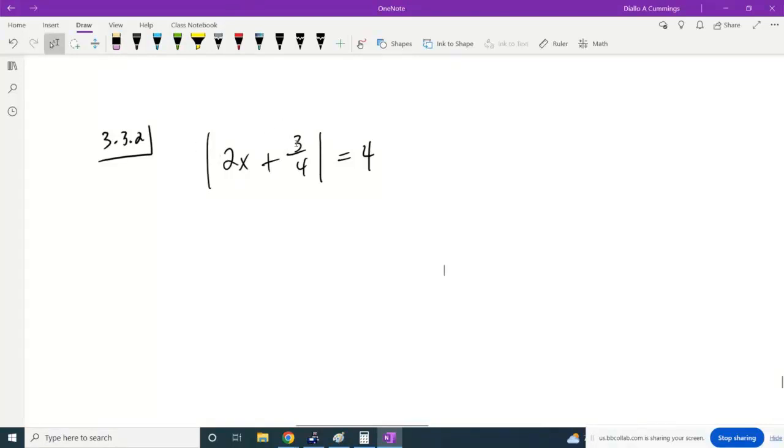I mean, the only thing on the side of the absolute value is the absolute value. So I'm going to use the formula. I'm going to drop the absolute value and set it equal to a positive. And then I'm going to drop the absolute value and set it equal to a negative.